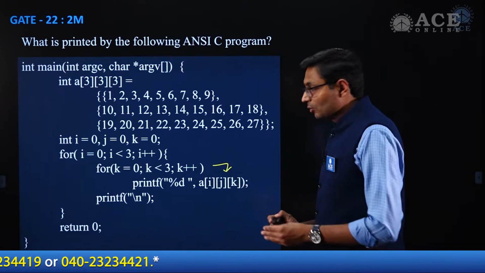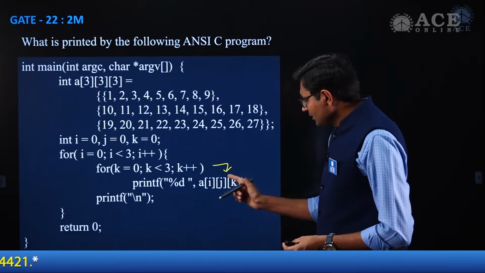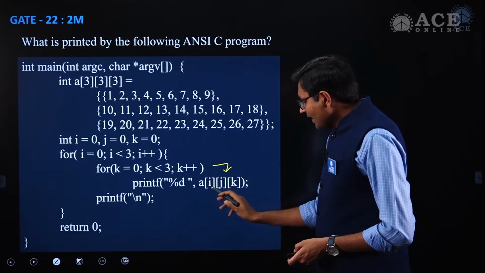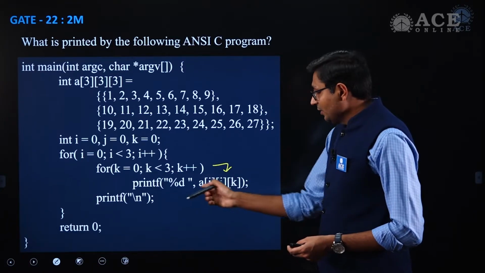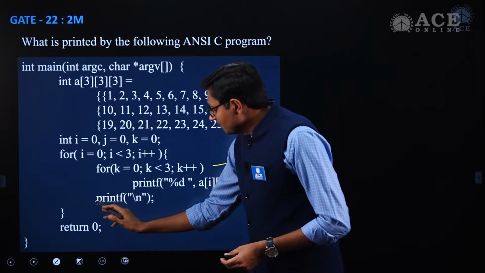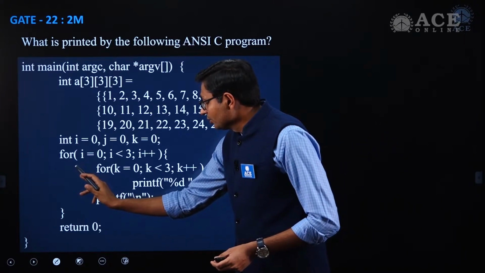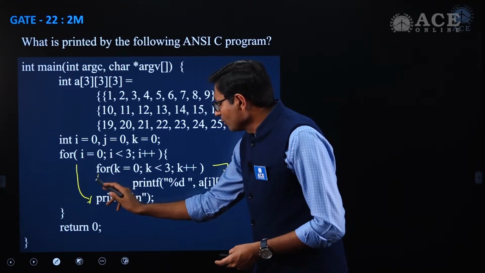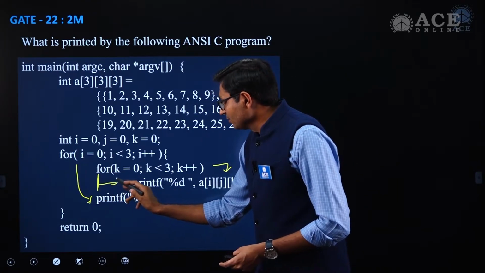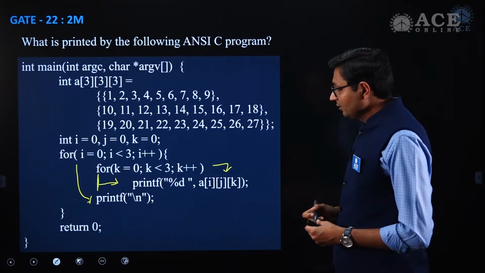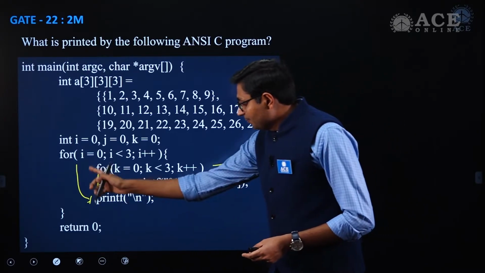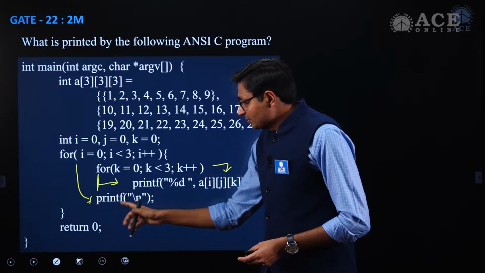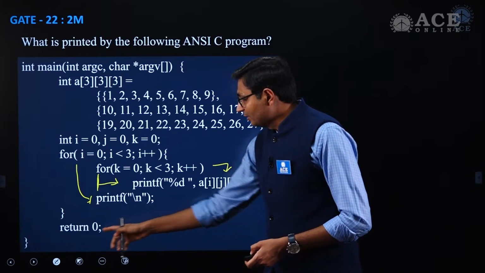So we are just printing the values i, j, k here, and this printf statement belongs to this for loop because there is no bracket here. So this for loop is just one statement here. Alright. The outer for loop is just printing the next line, alright, and return 0.